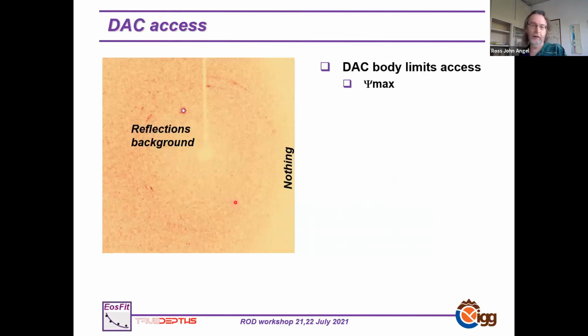First of all, the thing about diamond cell access. You've already seen several pictures like this. This is an image of a diamond cell frame with some background, and you see it's noisy over here. We've got reflections, we've got background, and on the right-hand side, we've got nothing. And this boundary here is the cut-off by the diamond cell, and this is what tells you what psi max is effectively on your detector.